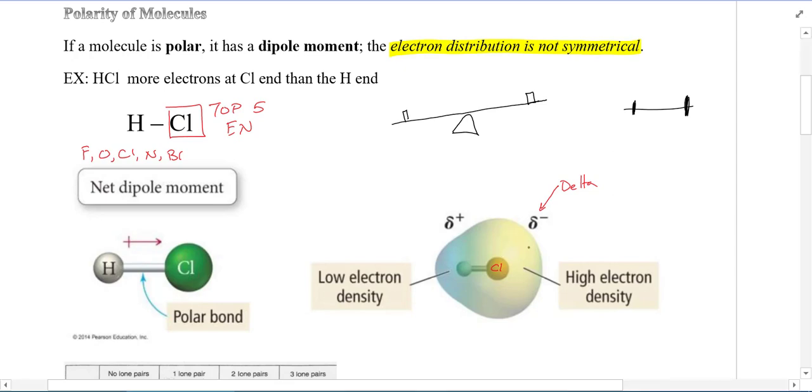They're spending more time over here on the right-hand side of the chlorine and less time on the left-hand side at the hydrogen. What that does is make what we call a net dipole moment. So you have to have a net dipole moment.